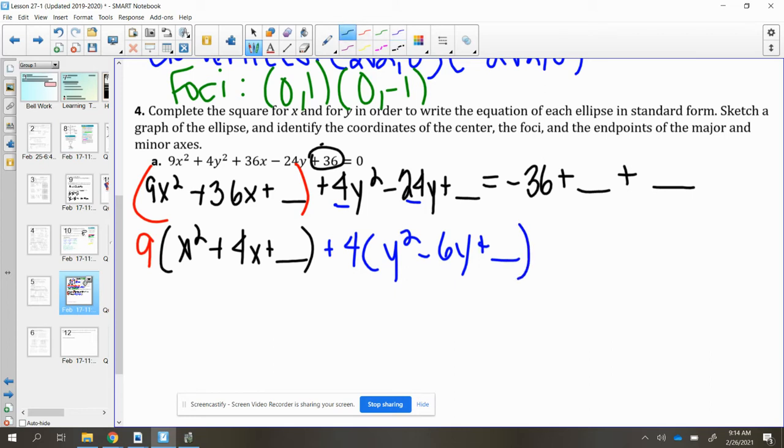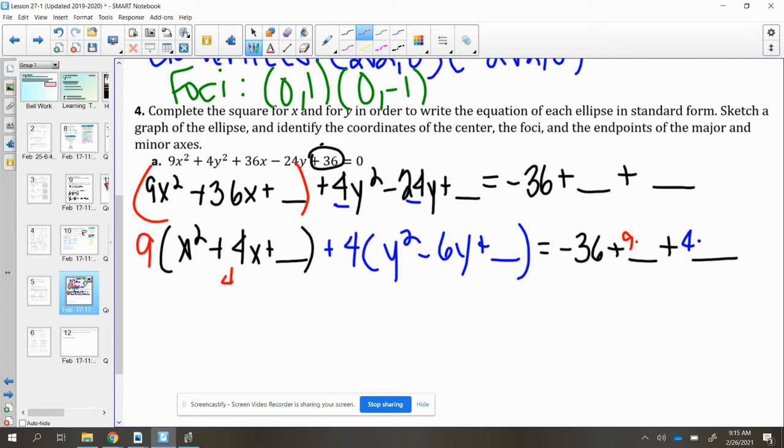And then, again, we're going to be adding those two things to the other side. So a reminder, whatever you're adding to the other side, you're going to want to do 9 times that value and 4 times that value because you took that GCF out.